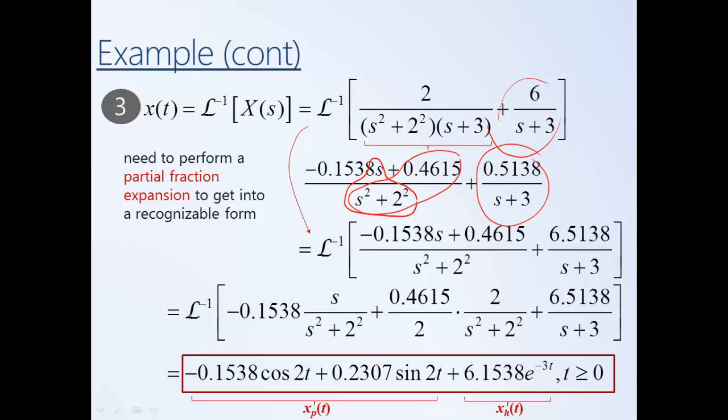So again, this sine and cosine of the same frequency will give us a sinusoid of frequency 2, and it corresponds to the poles plus or minus 2j, where the imaginary portion of the pole tells us the frequency of oscillation, and the fact that it had a real part equal to 0 means that it neither decays nor grows.